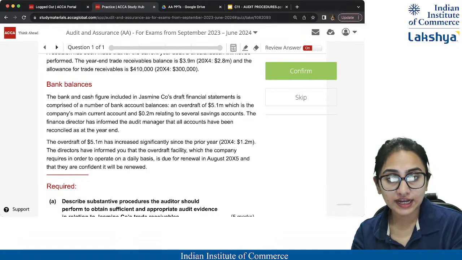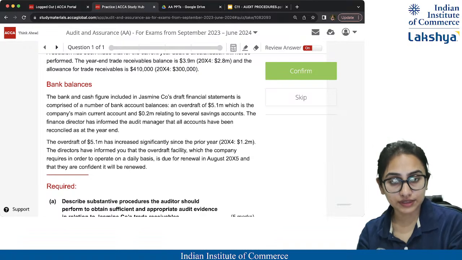The bank and cash figure included in Jasmine Company's draft financial statement is comprised of a number of bank account balances, an overdraft of $5.1 million, which is company's main current account, and $0.2 million relating to several saving accounts. The finance director has informed the audit manager that all accounts have been reconciled as at the year end.